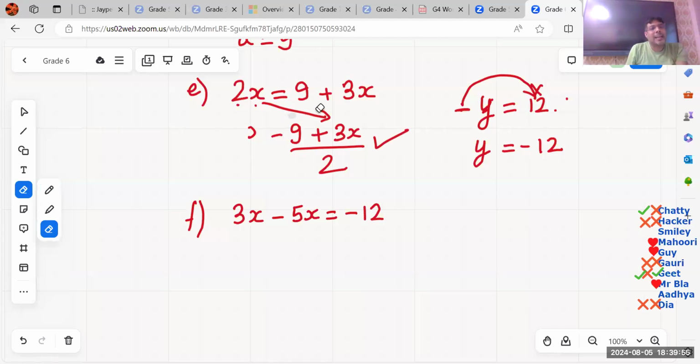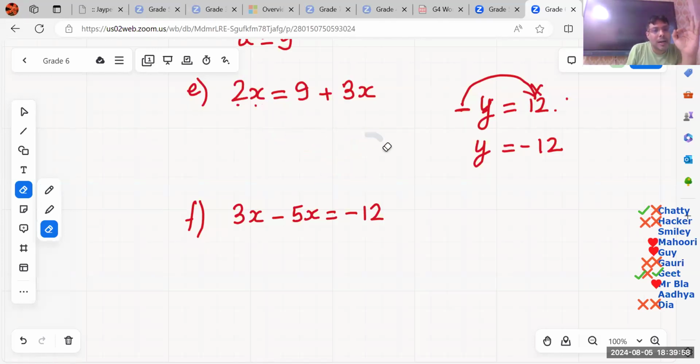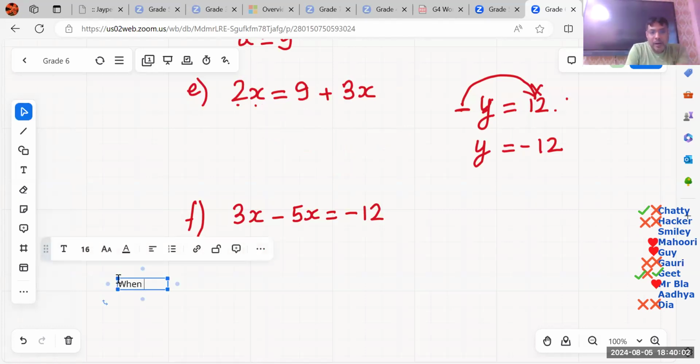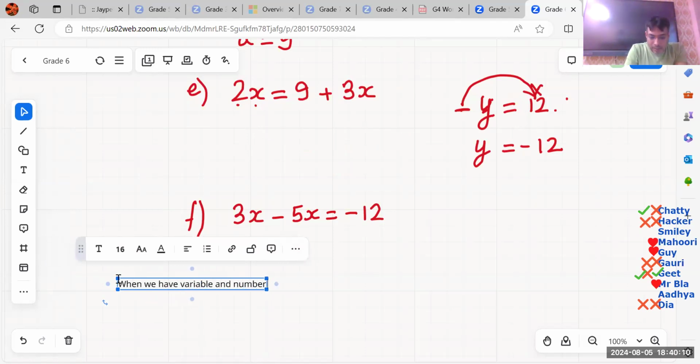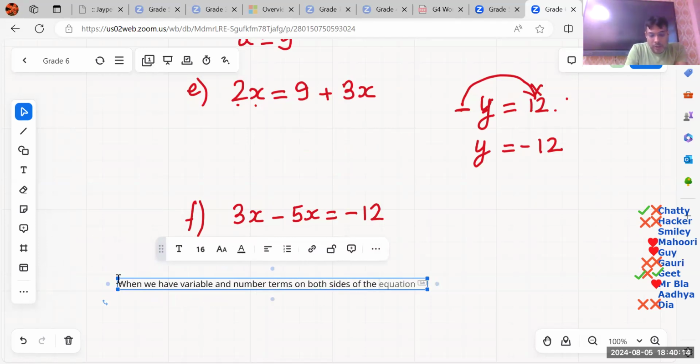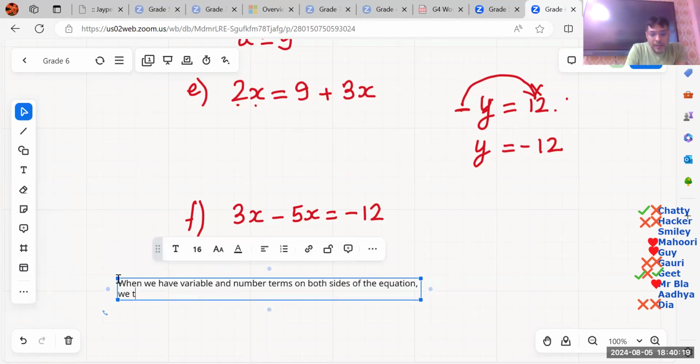When you have x terms and number terms on the right side and the left side, write this down, because every time you ask me the same questions. When we have variable and number terms on both sides of the equation, we transfer the variable terms to the left side and number terms to the right side.